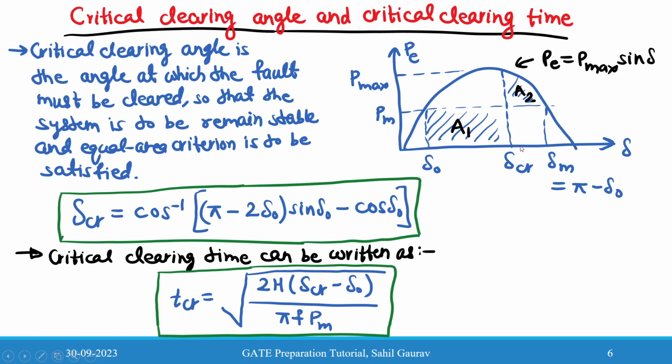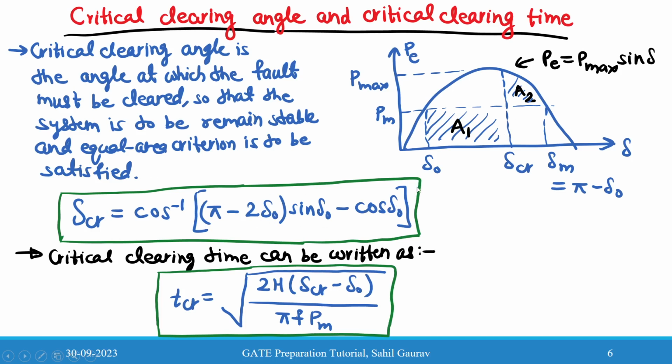And how can we find this critical rotor angle delta Cr? By using the equal area criterion. Applying the equal area criterion, we get this expression: delta Cr is equal to cos inverse of pi minus 2 delta naught into sine delta naught minus cos delta naught.